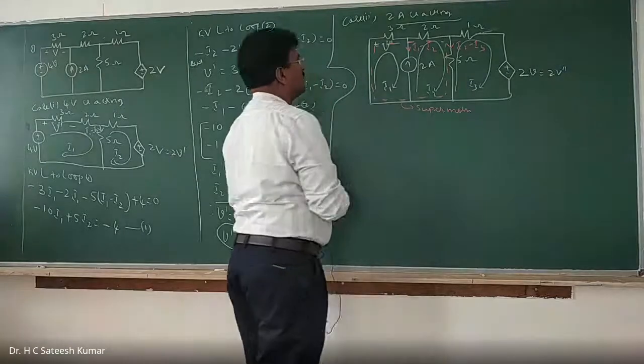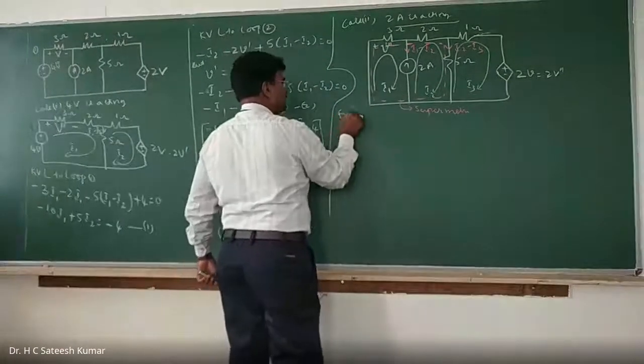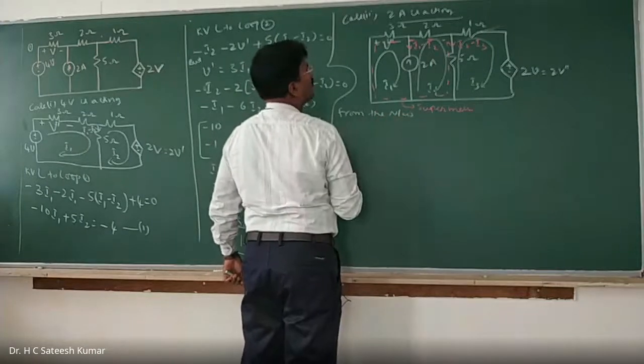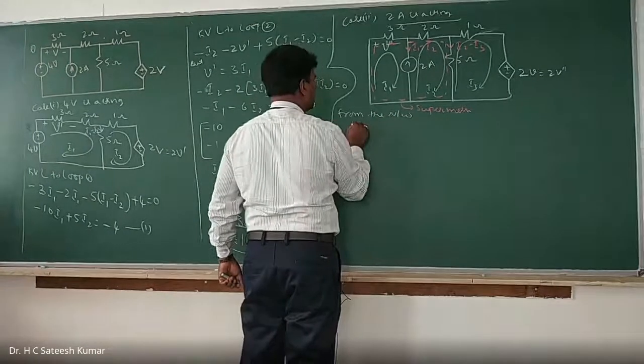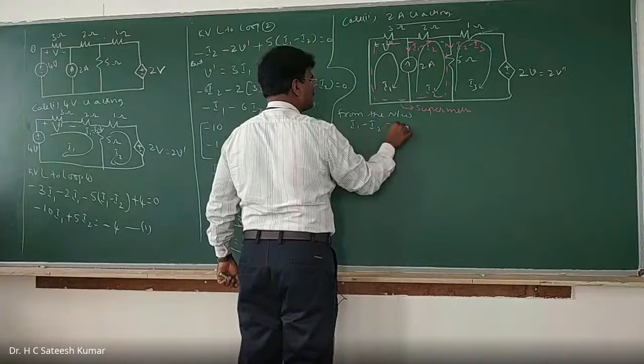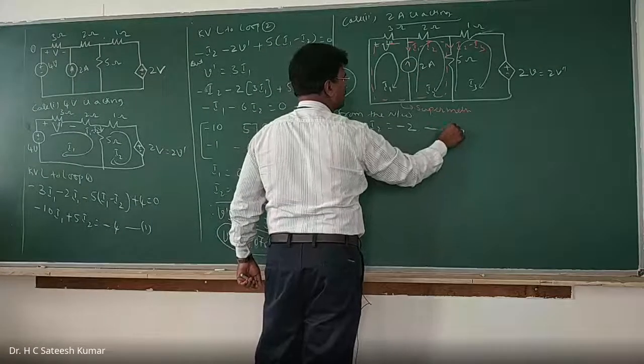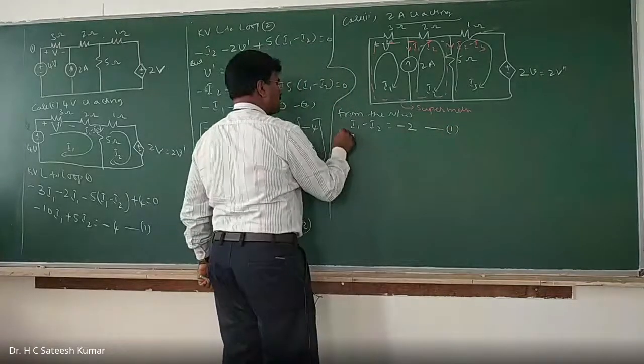Now, from the network, I1 minus I2 is equal to minus 2, since I1 minus I2 is opposite. Call this equation number 1. KVL to super mesh.